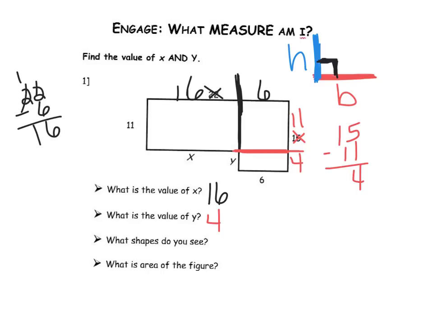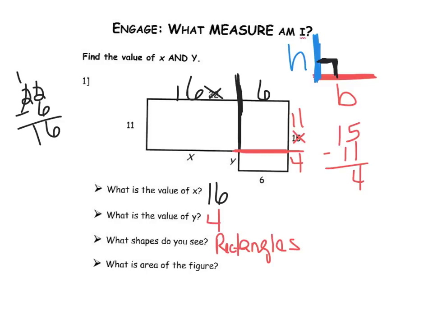So what shapes did I see? I saw the shapes of a rectangle. So they're rectangles, both of them. And what is the area of the figures? So we're going to go ahead and find the area. So I'm going to use just one of the missing measurements that we have. So I'm going to go ahead and just use this shaded region.